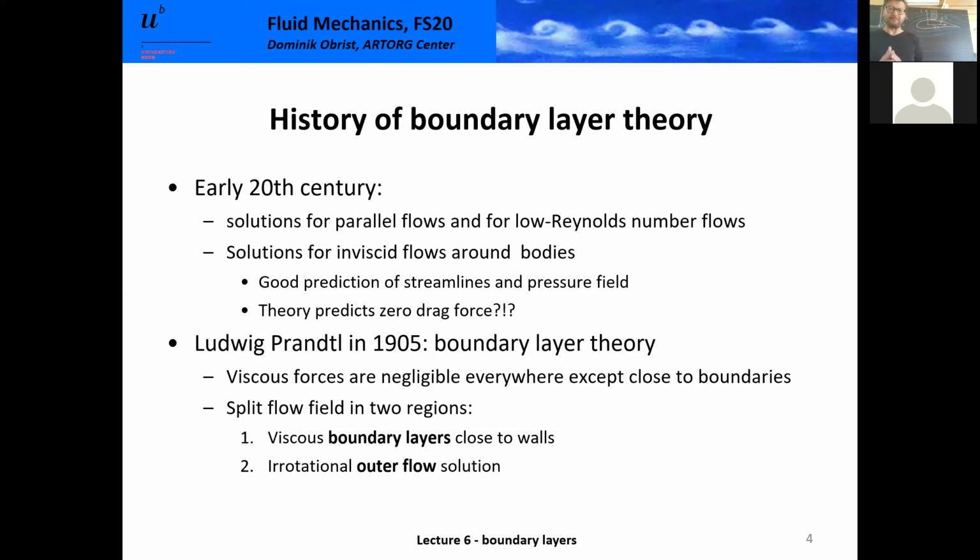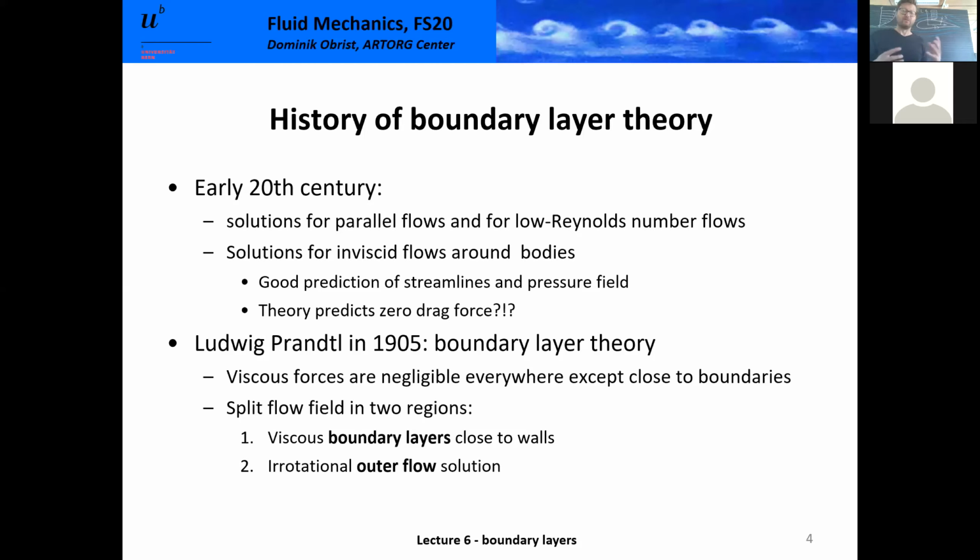A lot of physical applications are now using Prandtl's boundary layer theory. The whole perturbation theory that is used in many different applications in physics and applied physics are based on Prandtl's theory. So what was Prandtl's idea?